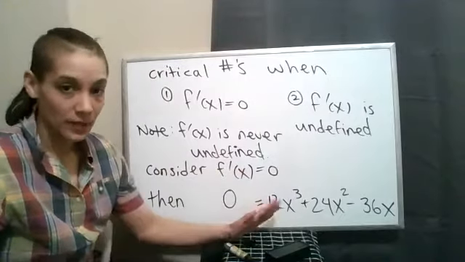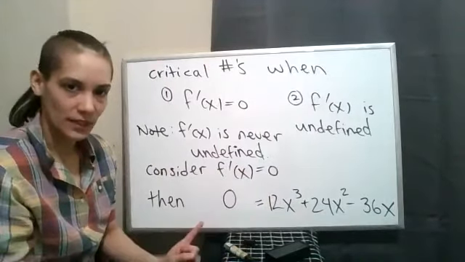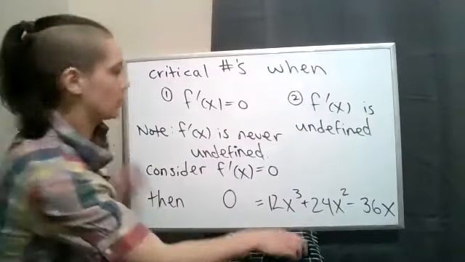So this side, we can factor out x and factor what's left over and solve for those x values.